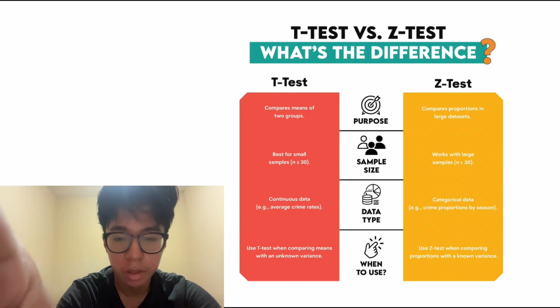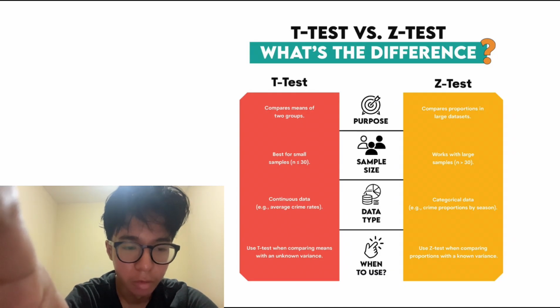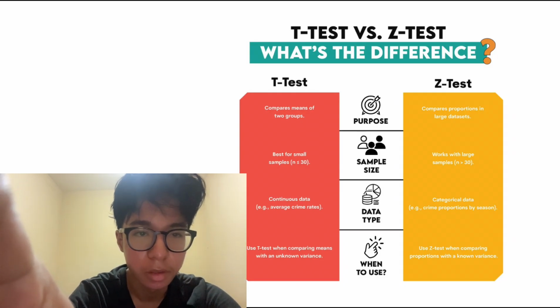The result of these formulas is called the t-value or z-value, which is then compared against a critical value from a statistical table. Next, Keisha will walk us through a sample problem.